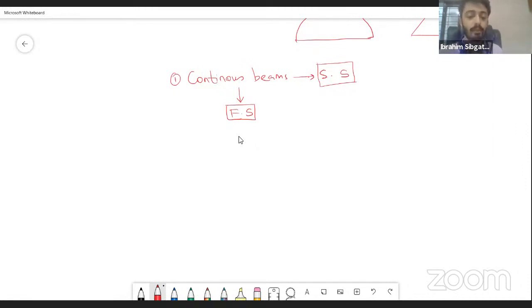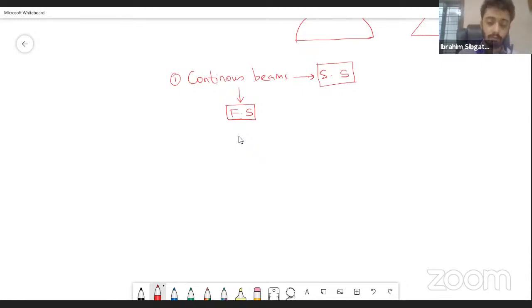Then in step 3, we will move on to the support reactions. Then in step 4, we will calculate the shear force. And after that, we will draw the shear force diagram. This is what we will be doing for the simply supported continuous beams. These are the steps that we have to remember.